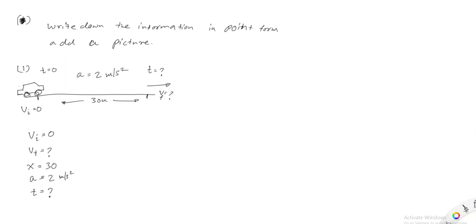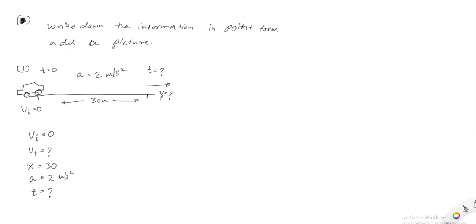So now what do we do? We go back and look at those equations. If you scroll back a little bit, you'll see the 4 equations, or you can go to the PowerPoint. So what is the best approach? Think about it for a second. Which equation are we going to use? V initial, V final, distance, acceleration, time.